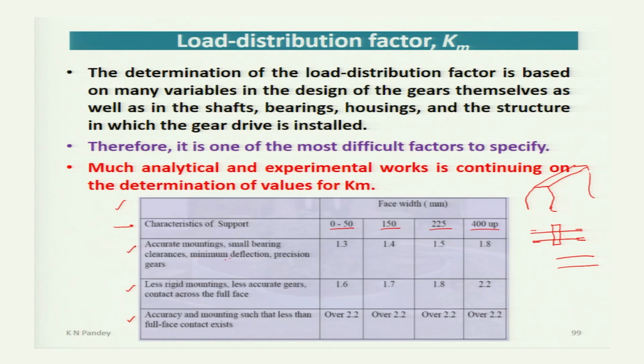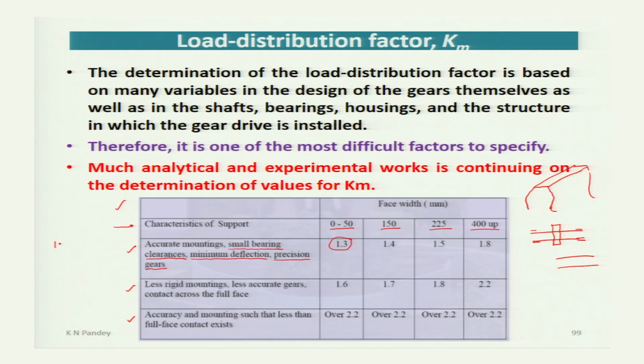Okay. So next thing is small bearing clearances, minimum deflection, and the precision gears. That means gear is manufactured with high precision. So if the precision is high, minimum deflection is there, small bearing clearances are there, and accurate mounting is there, then with face width up to 50 mm, it is 1.3.